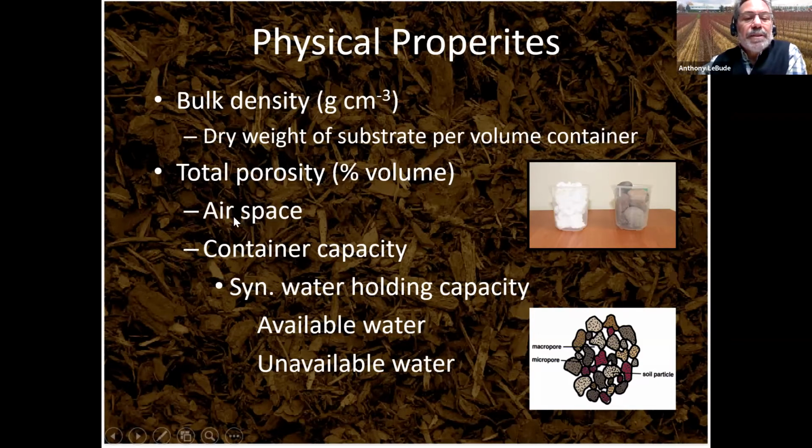And that's broken down into how much airspace you have and how much water you have after you water the plant to saturation. You fill every pore hole in that container and let it drain for 30 minutes. Then all that airspace, or the total porosity, is filled up with either air or water. Normally, the best you get is when you first pot up. That's your best physical properties for that substrate, because over time these organic substrates will break down and those things start to decrease or change over time.